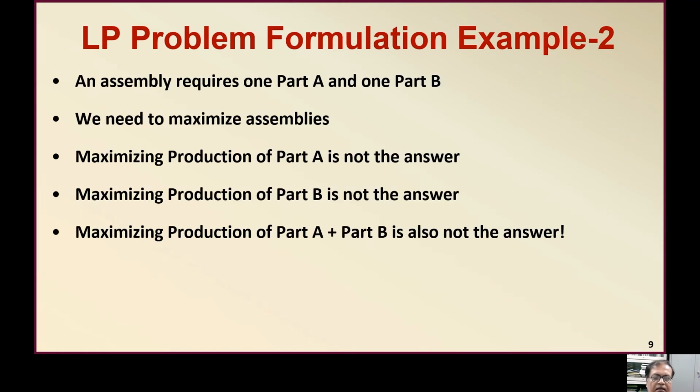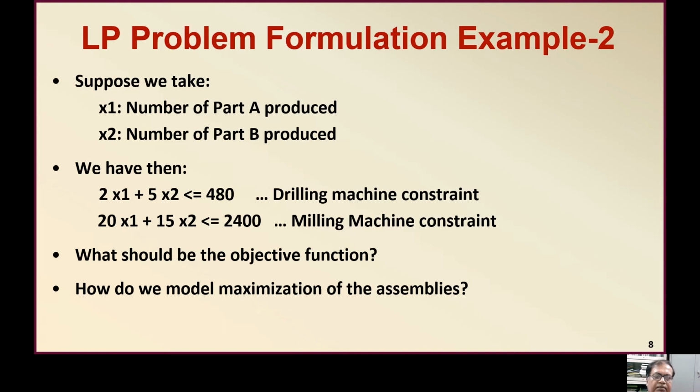So if we go back, then our objective function is maximize assemblies, that is x3 equal to minimum of x1 and x2, subject to 2x1 plus 5x2 less than equal to 480 and 20x1 plus 15x2 less than equal to 2400, and obviously x1 and x2 both are greater than equal to 0.